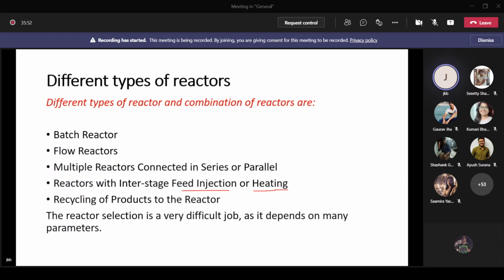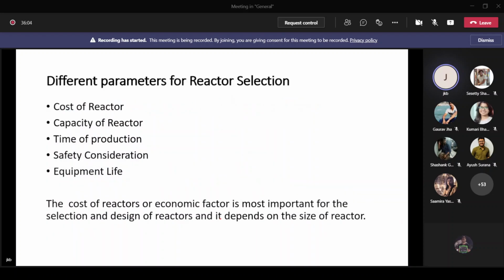So among all these types, the selection depends on many parameters. That is, reactor selection is a very difficult job as it depends on many parameters. The parameters are cost of reactor, capacity of reactor, time of production, safety consideration, and equipment life.